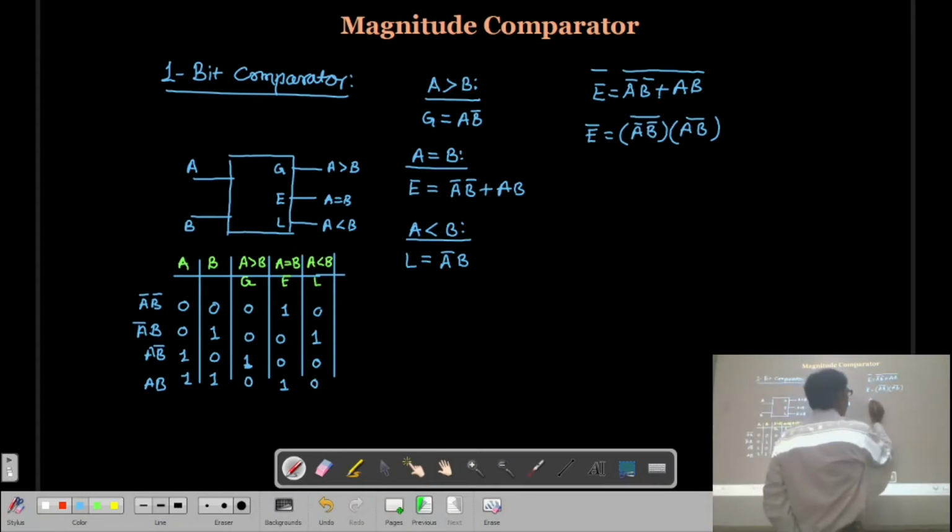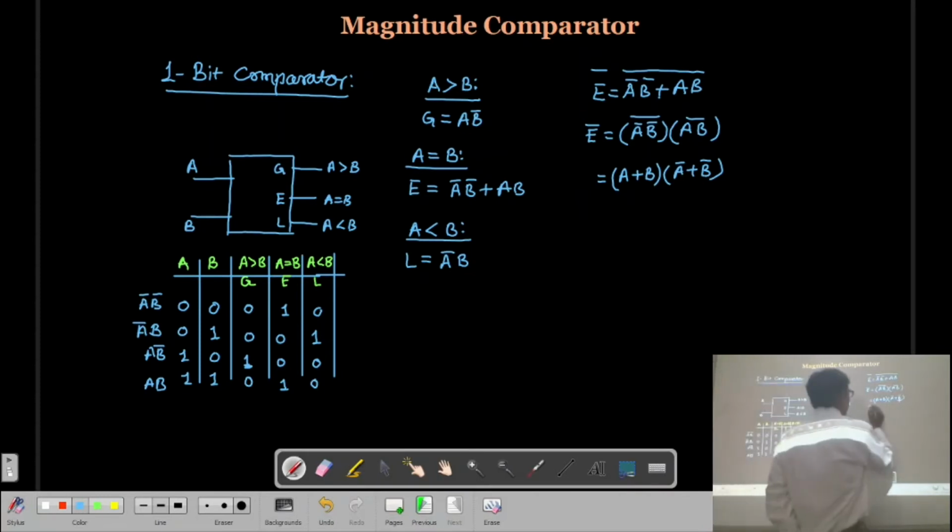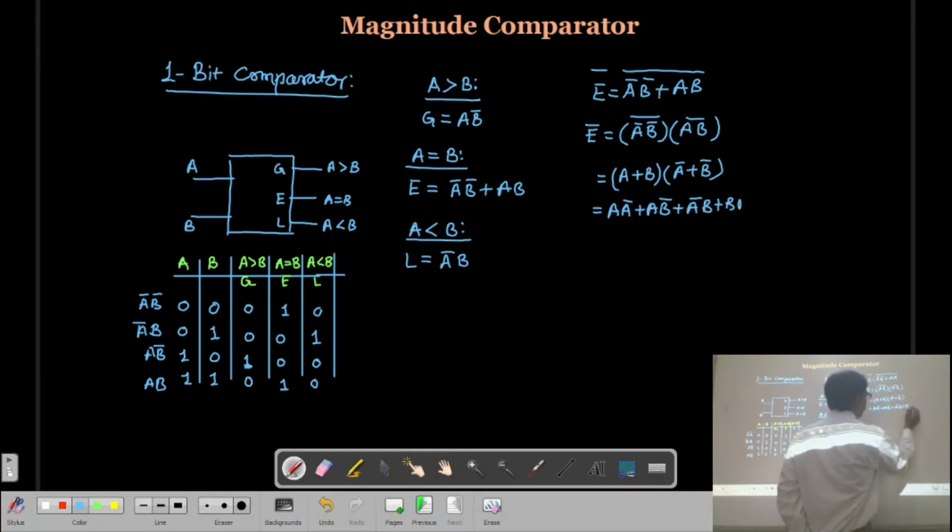Again we apply De Morgan's law, then this will be A plus B and A bar plus B bar. Now if we open the bracket, it will be A into A bar plus AB bar plus A bar B plus B bar.